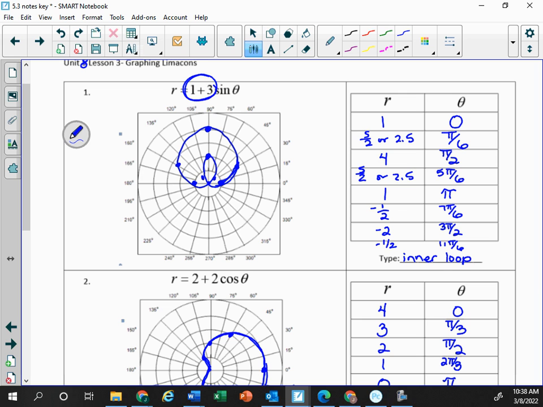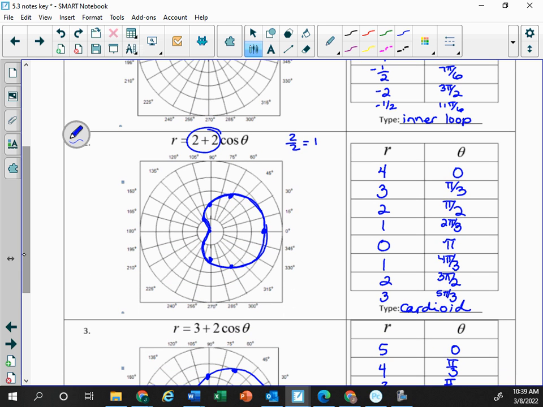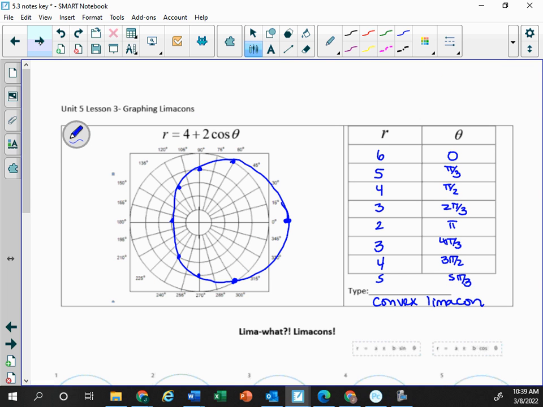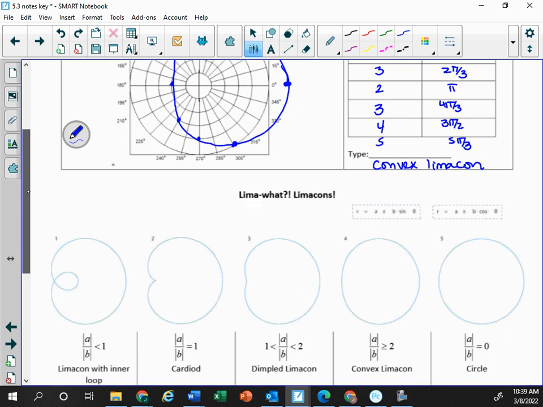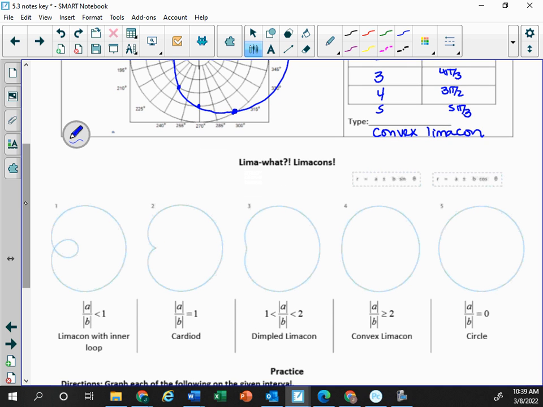So that ratio would be 1/3. This one would be 2/2 or 1. Here then we're at 3/2. You guys see that first number? The ratio between the two is getting larger. And then here we're at 4/2, all the way to 2. So that's kind of outlined for you on the paper here.